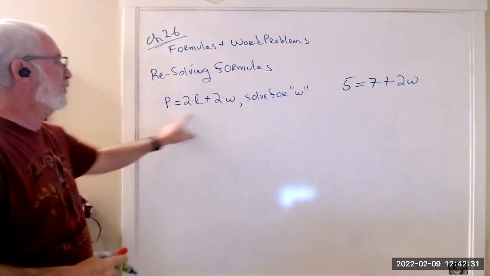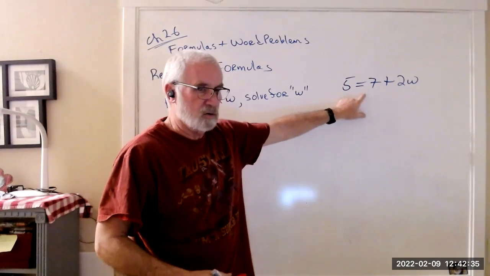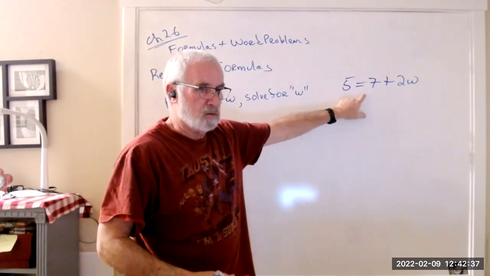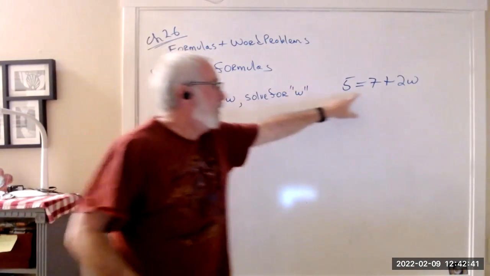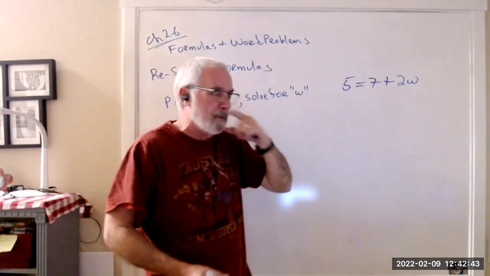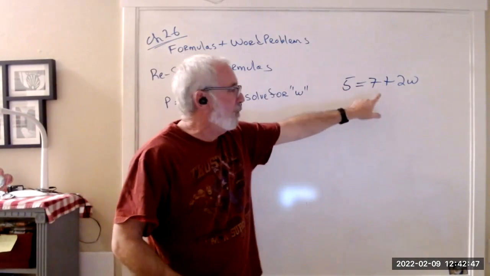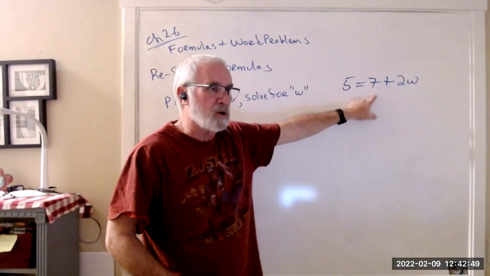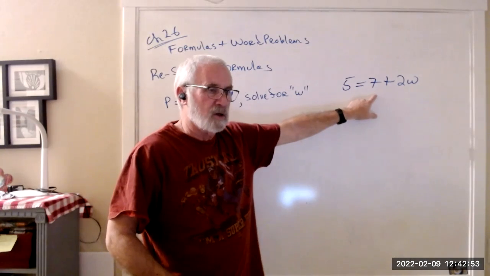So instead of this equation, I see this equation. I just made these numbers up, guys. The fact that I use 5 and 7 doesn't matter. But I ask myself, what would I do to this problem to start to get W by itself?